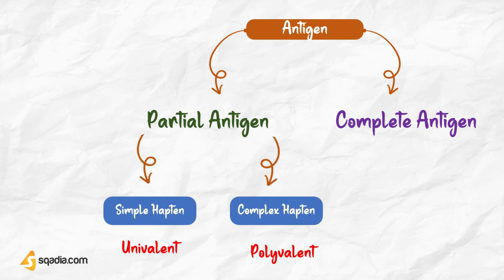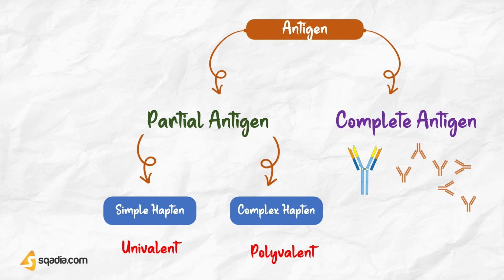The simple hapten is univalent and has a small molecular weight. On the other hand, a complex hapten has a large molecular weight and is polyvalent in nature, meaning it has two or more antibody binding sites. The complete antigen can induce antibody formation and an immune response without the help of a carrier protein.